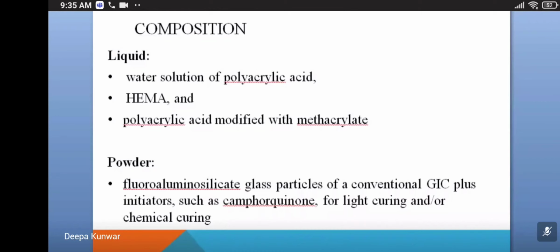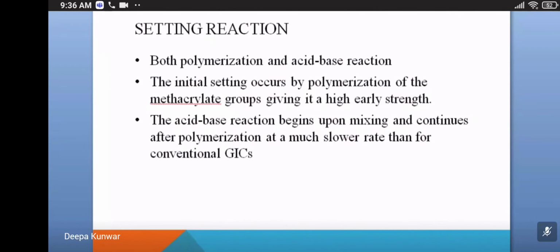We need light curing for the polymerization of the resin material. Both polymerization and acid-base reaction take place in such a condition. That is a chemico-mechanical reaction, the bonding between the tooth structure and the glass ionomer cement.